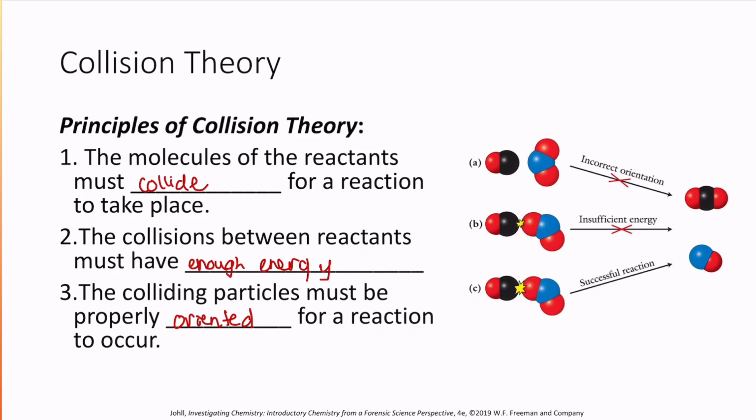So if we look at this diagram right here, in A, we have the improper orientation, incorrect orientation to make a product. In B, we don't have enough energy, so the reaction is not going to go. In C, we have enough energy, the molecules collide, and they have the proper orientation to make the desired products.